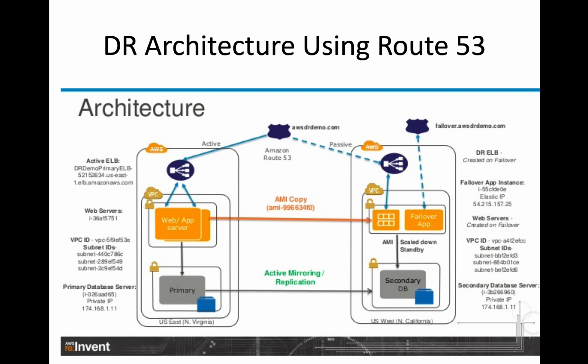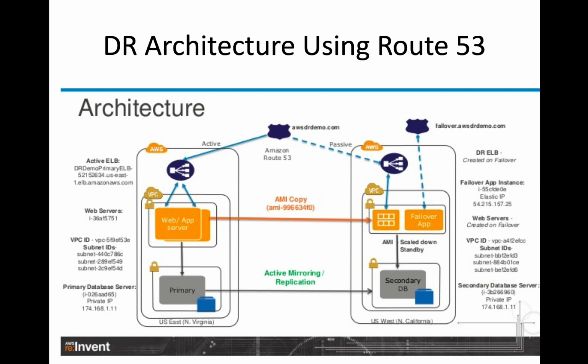Here's an example of a disaster recovery architecture that you could create using Route 53. So in this case, we have our platform that is configured in two different regions, US East, North Virginia, and US West in North California, US West 1.